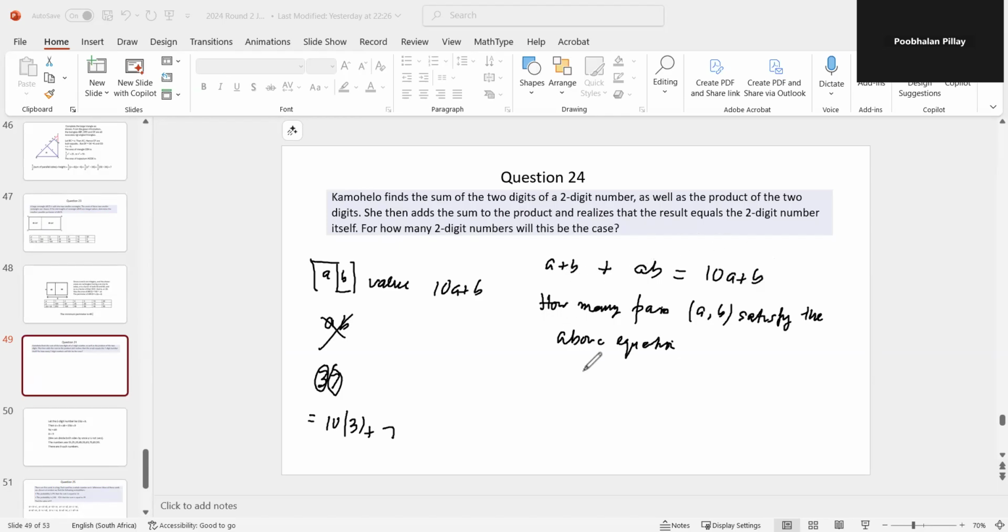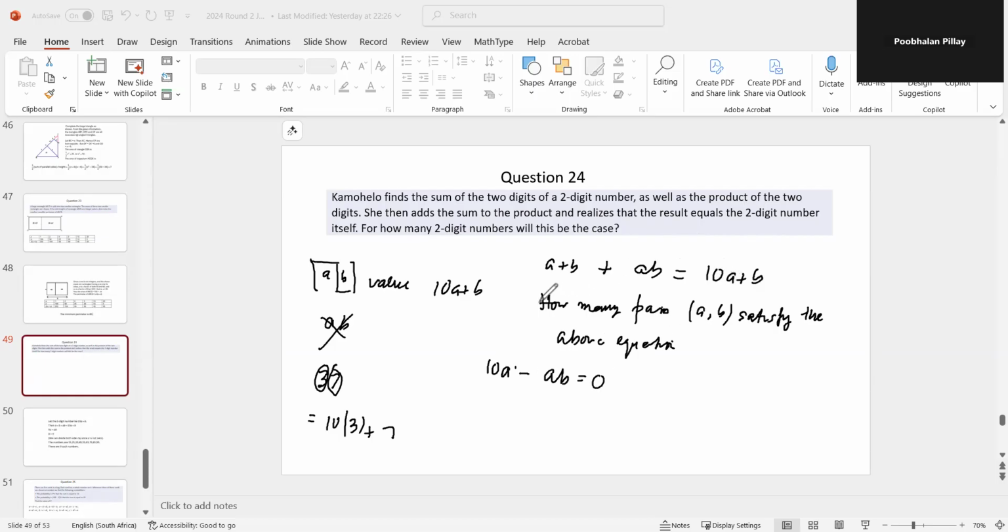B is on both sides of the equation. So you have A plus B plus AB, and you've got 10A here. So you've got 10A minus AB equals 0.